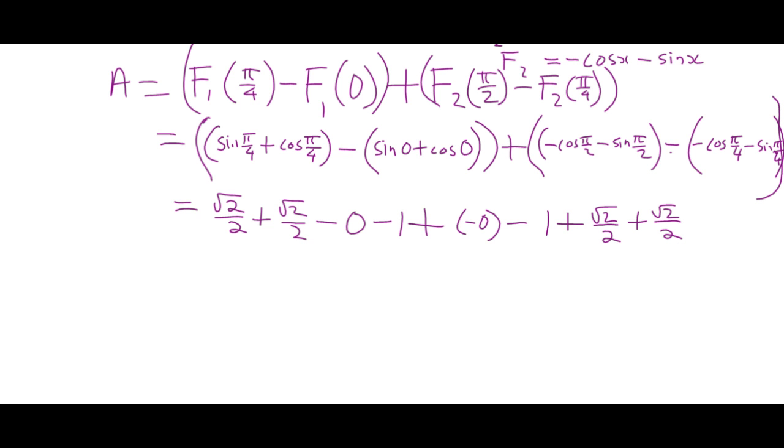So how many root 2 over 2s do we have? 1, 2, 3, 4. We get 4 halves, which is going to be 2 of them. So 2 root 2, or 2 root 2 minus 1.